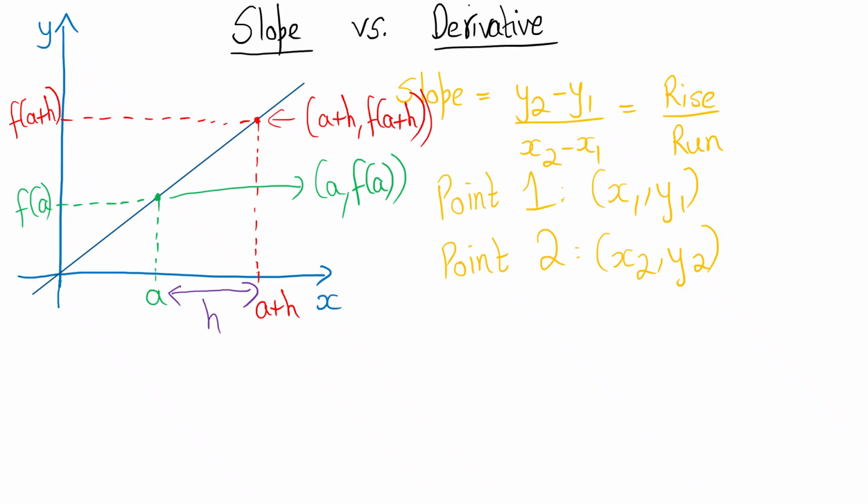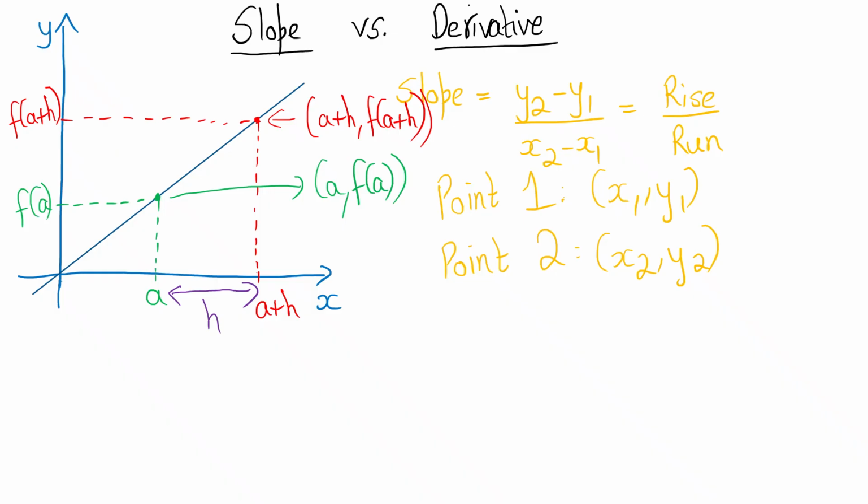Now, because I'm interested in finding the slope using 1 point, the instantaneous rate of change, I just need to find the slope at a point in time. So let me use my green point and my red point, and plug these 2 points into my slope formula.